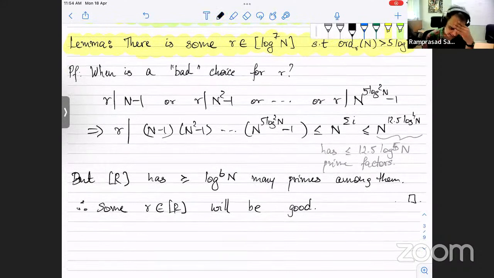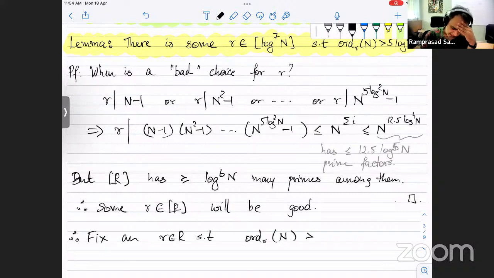So this tells us that therefore, let's fix an R such that the order with respect to R of n is at least, I don't know, something like 5 log squared n.